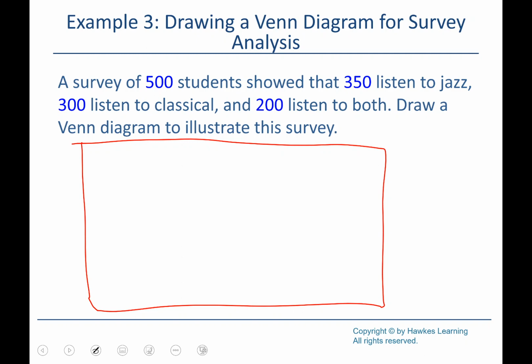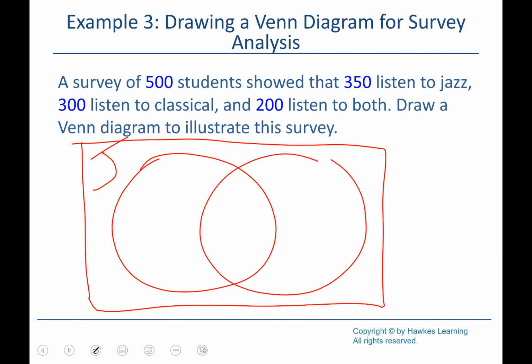And then figuring out the way we need to draw these, we can look at the other information it tells us. It says we had 200 that listened to both types, so we've got some overlap between the two sets. So we need our circles to overlap. So we need a circle here for jazz, and then an oval here for classical. I'm trying to leave myself a big overlap so I'll have room to write the number in there.